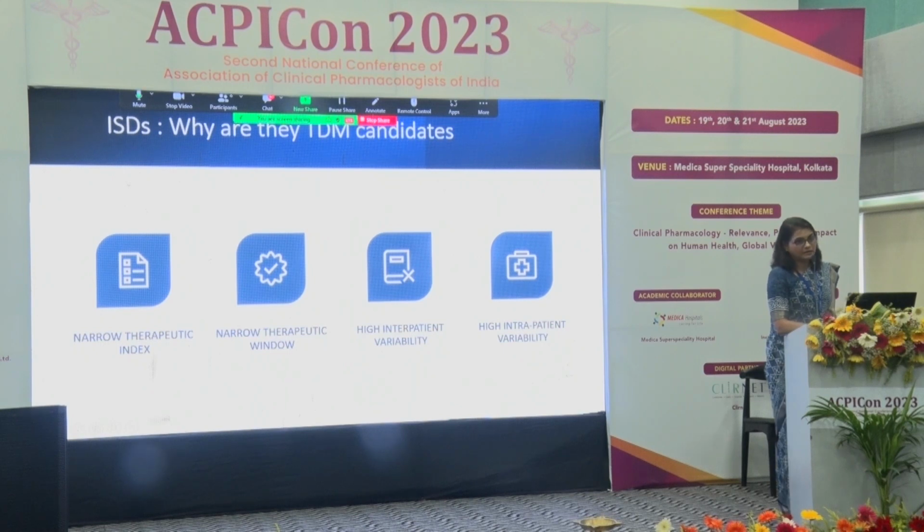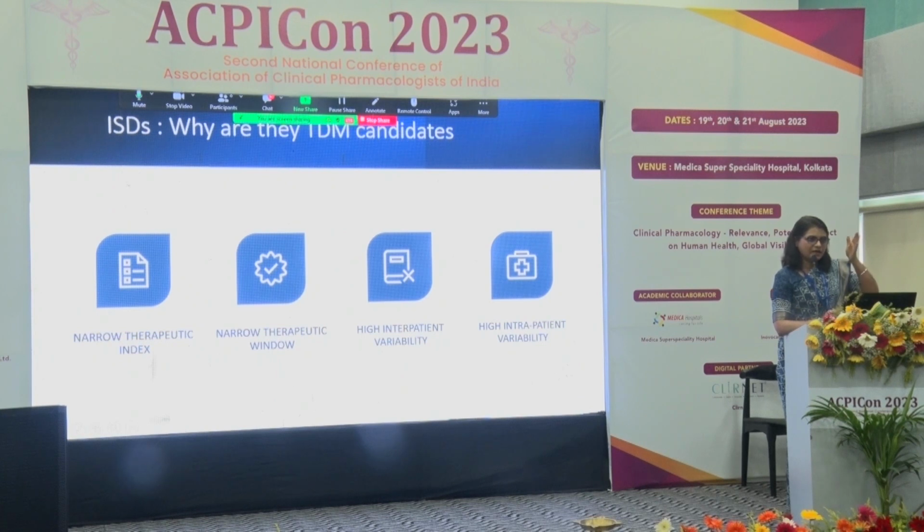Out of these, let me be very honest, tacrolimus is more than 90% of the requests. For the residents, interpatient is between patients, and intrapatient is within the same patient.